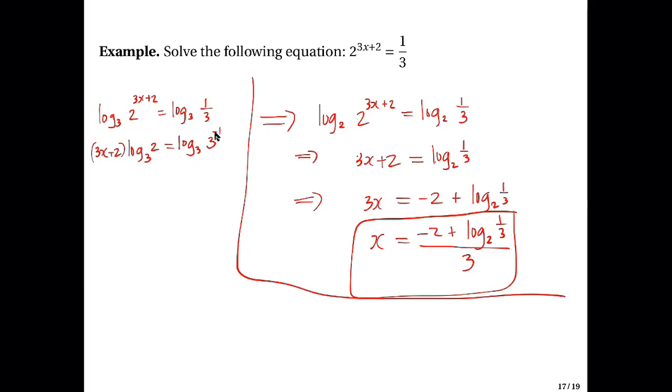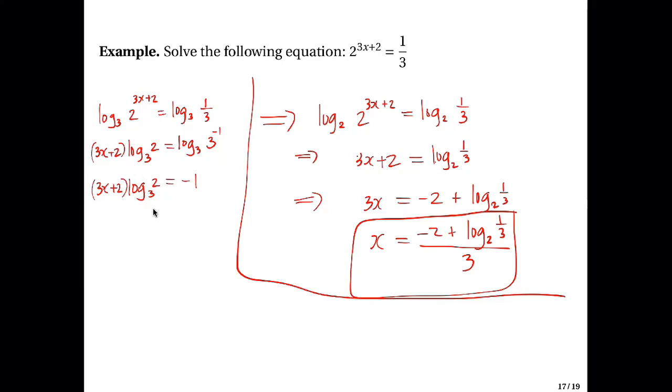So on the right-hand side here, we can bring down negative 1. So you have 3x plus 2 log 2 base 3 equals negative 1. Again, we can do this on the right-hand side because we use base 3. If you use other bases, say base 4, base 5, etc., you will not get this right-hand side negative 1. You will have log base something, just like what happened in your left-hand side.